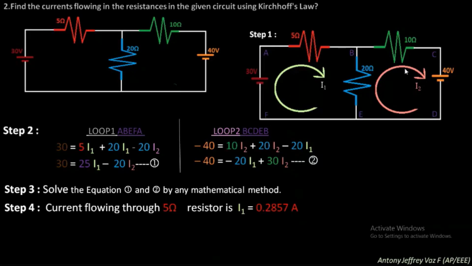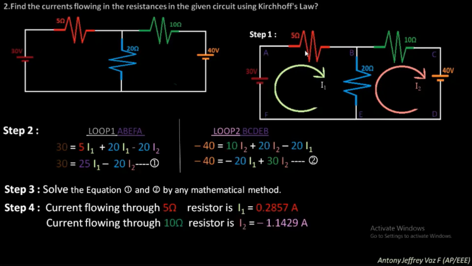I1, the current flowing through the 5 ohm resistor, has the value 0.2857. Similarly, the I2 current flowing through the 10 ohm resistor is minus 1.1429 amperes.